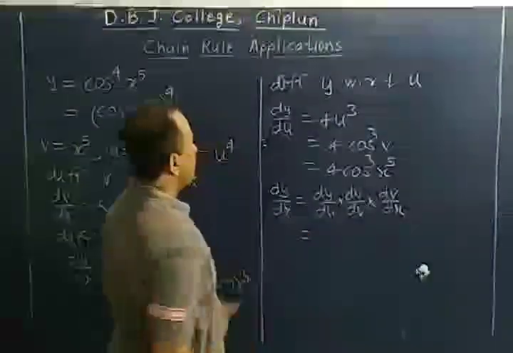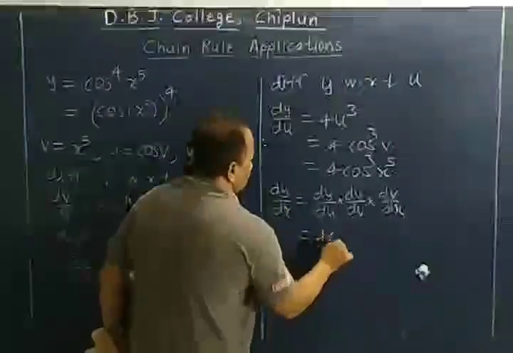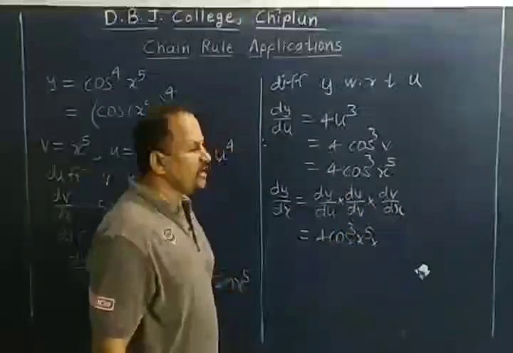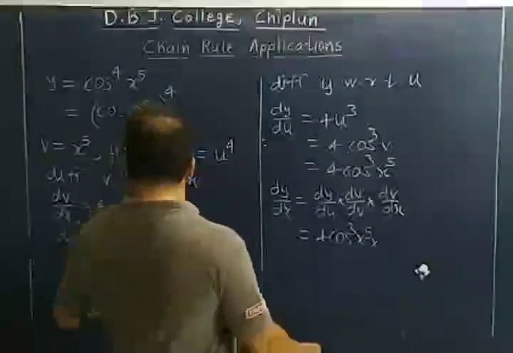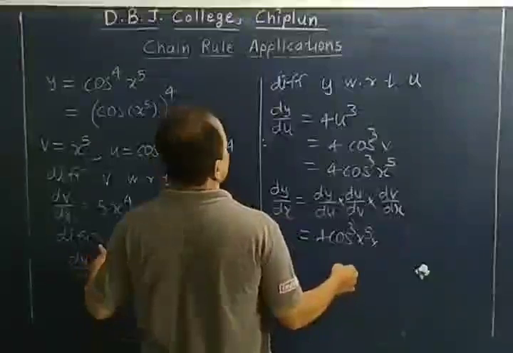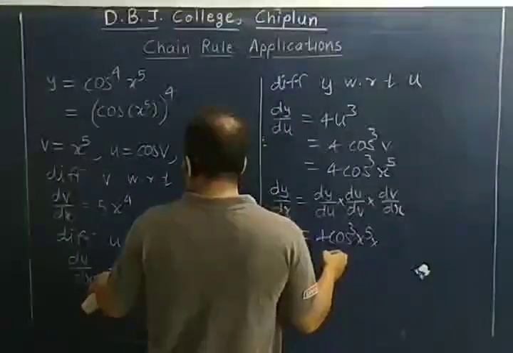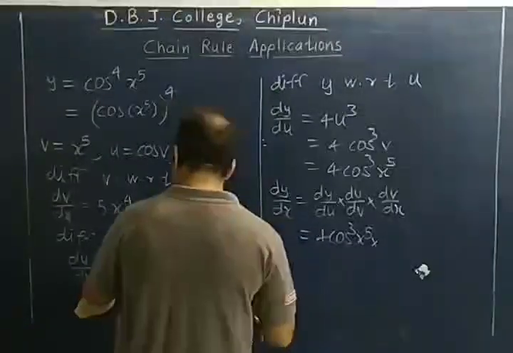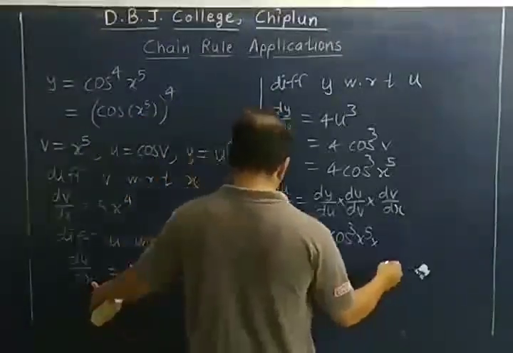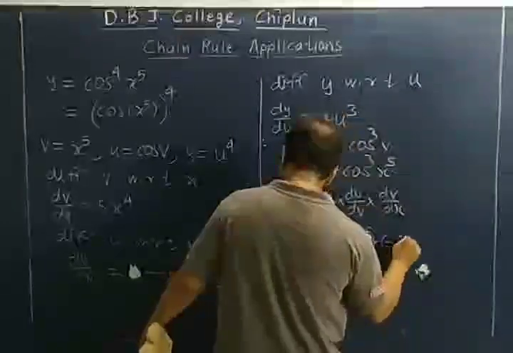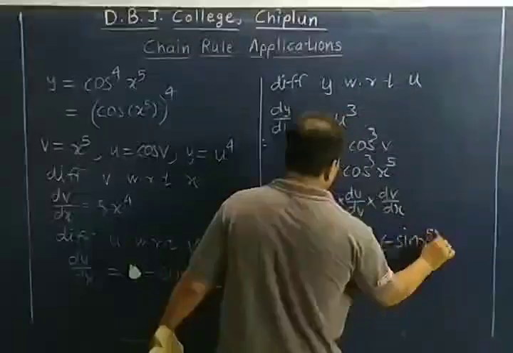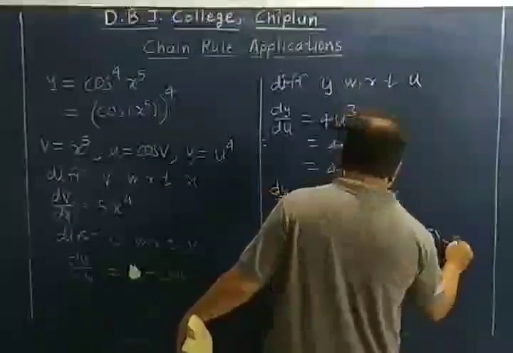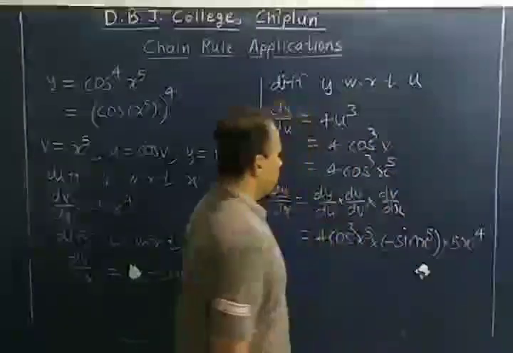Right here, dy by du 4 cos cube x raised to 5, du by dv minus sin x raised to 5, and dv by dx is 5x raised to 4.